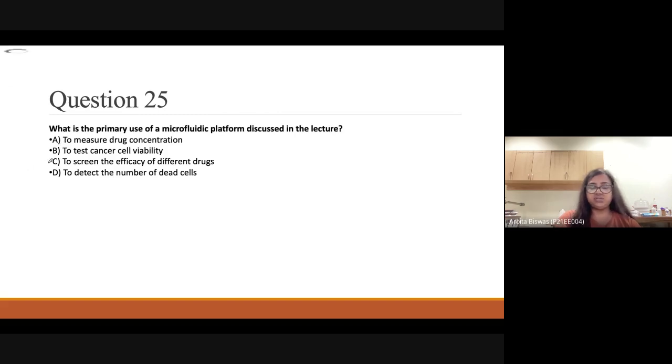The right option is option C, to screen the efficacy of different drugs.